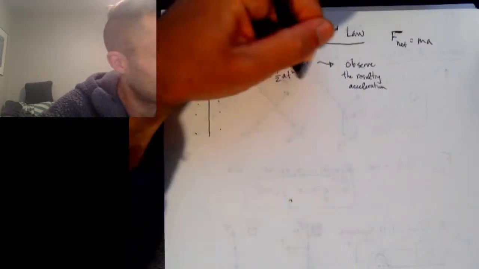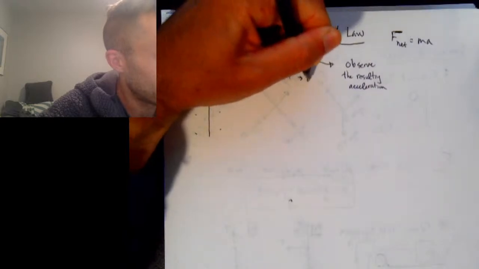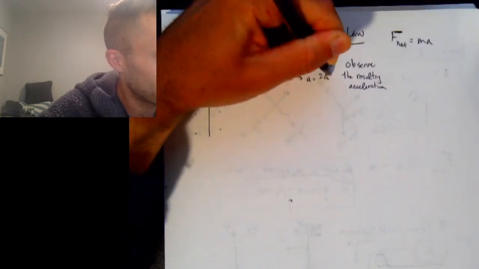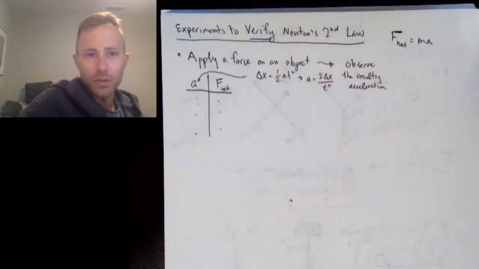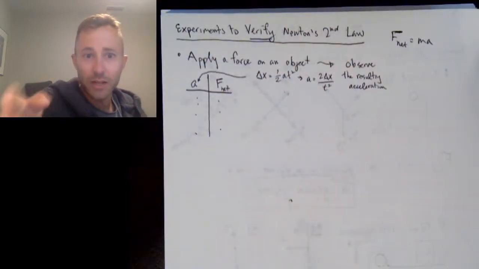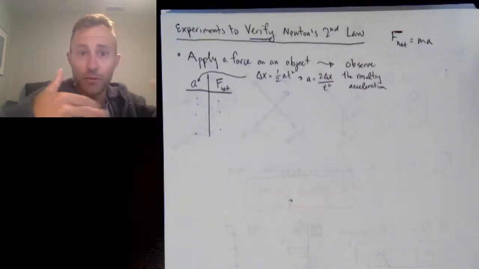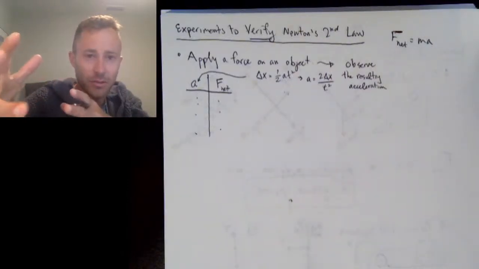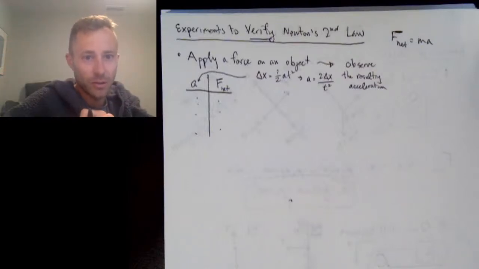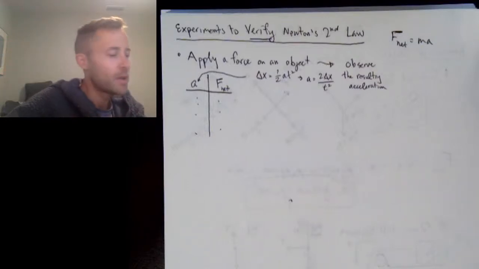That says that the acceleration is 2 delta x over t squared. So you don't directly measure the acceleration under most circumstances. What you do is observe the motion, and then use the motion plus kinematics equations to calculate what the acceleration must have been.